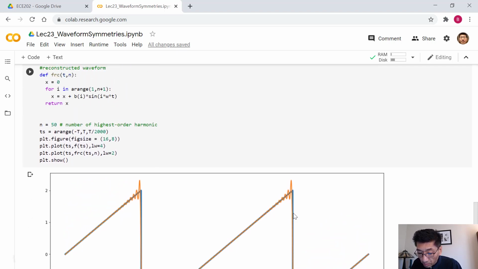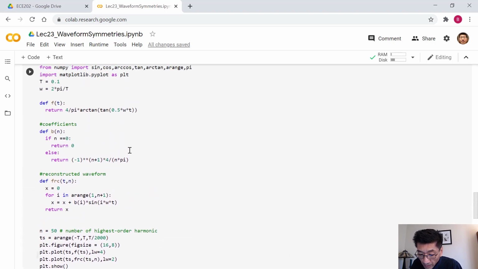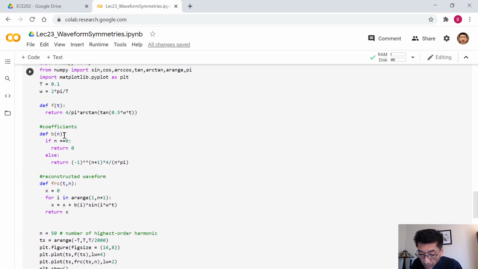So that's the original waveform we have, and I'm utilizing the Bn coefficients. Of course the Bn we start from 1. So if somehow you give a 0, I'm just defining this as 0. And I'm having -1 to the power n plus 1 times 4 over n pi.